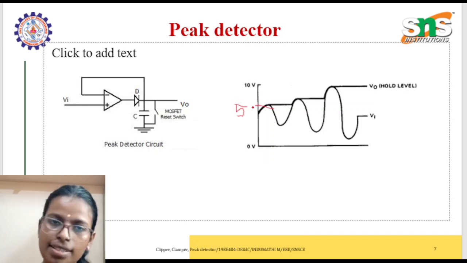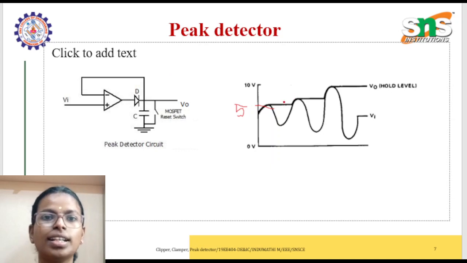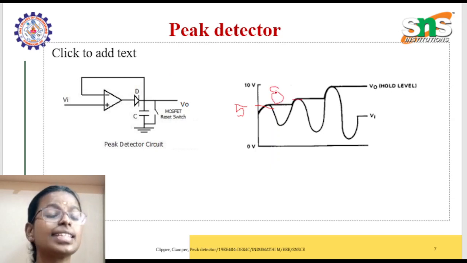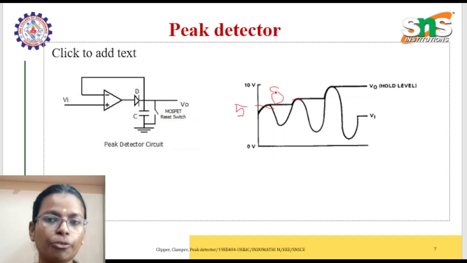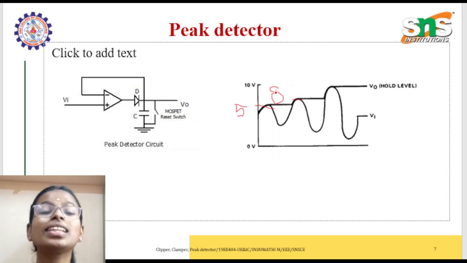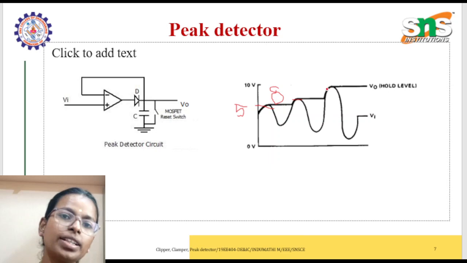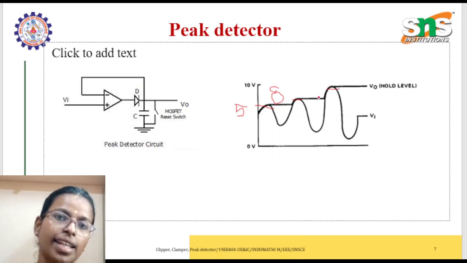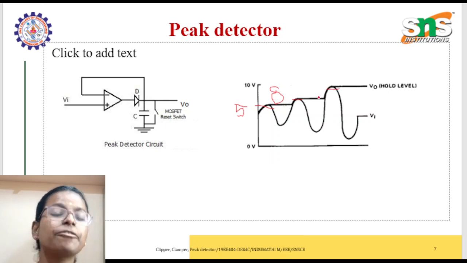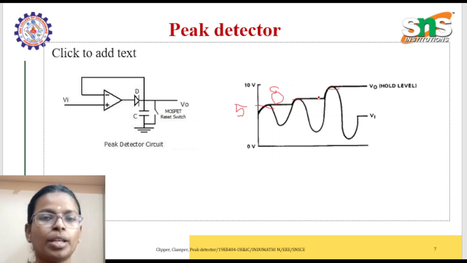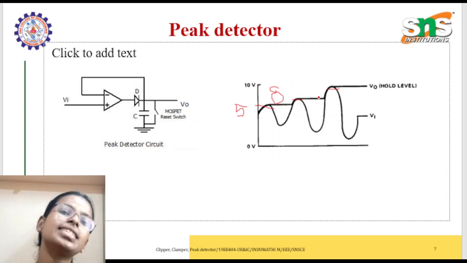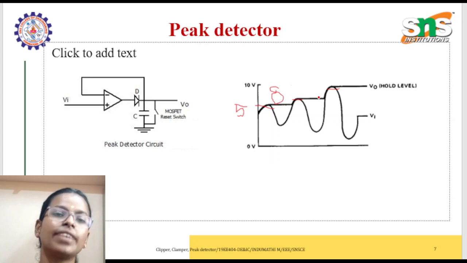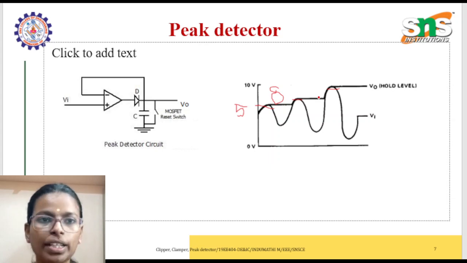This is the starting value, so it gets stored. Next, when it increases to 8, it stores the value of 8 over 5. It will only store the highest peak values. So when it goes to 10, this 8 is replaced by 10. If it decreases, there is no problem. It will not store; it will only hold the highest value. So that is the work of the peak detector.